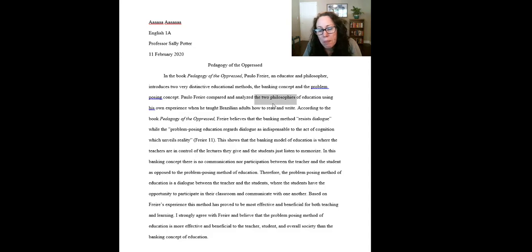It is maybe possible to get these confused and not understand that the two philosophies are these two concepts because she's not using the same language. There would be a real easy way to fix that, and that's something that I want to encourage you to do as much as possible, and that is change this word to "these."